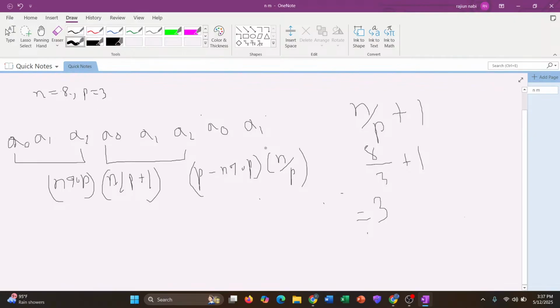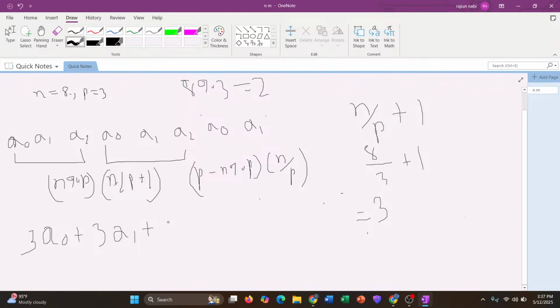So the first n modulo p elements will occur 3 times. 8 remainder 3 equals 2, so a0 and a1 will occur 3 times, and the rest of the elements will occur n divided by p times, which is 2.